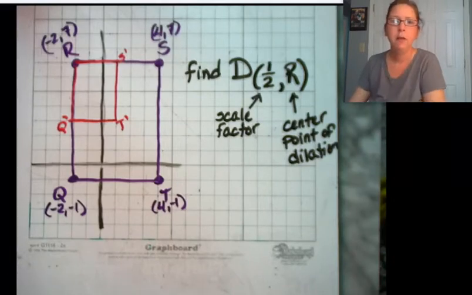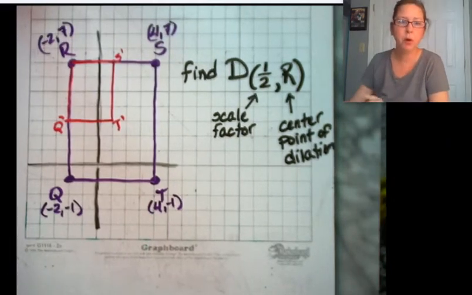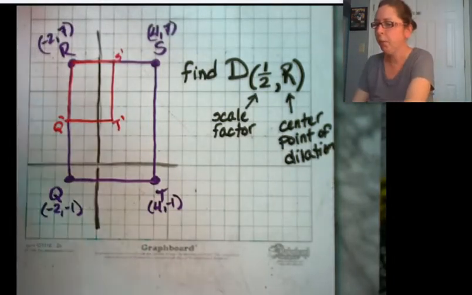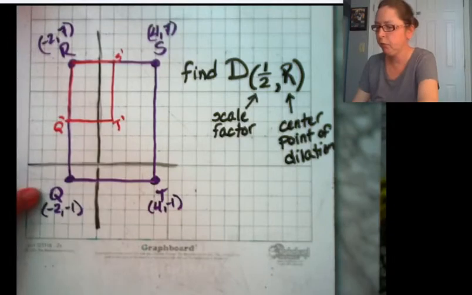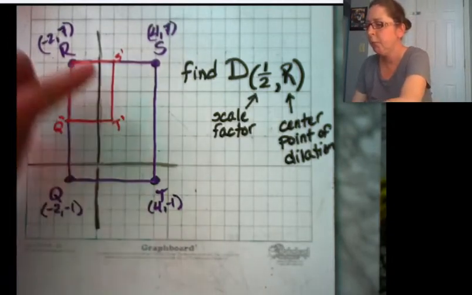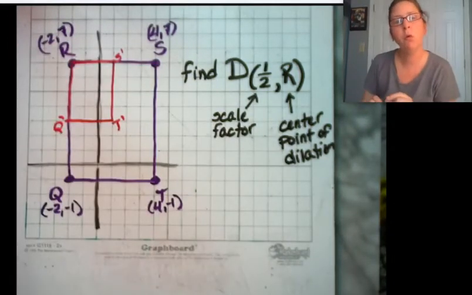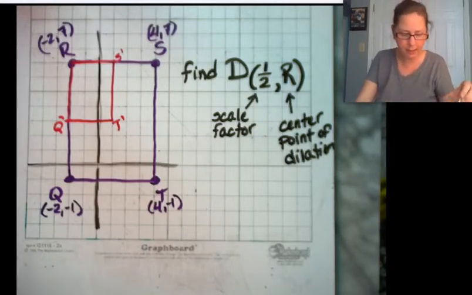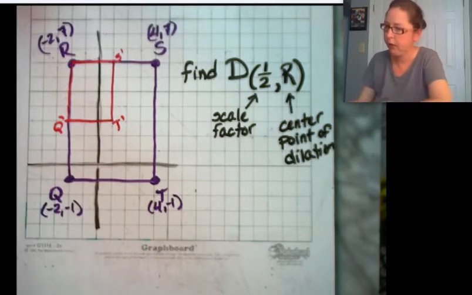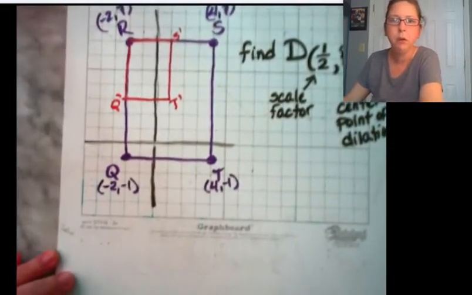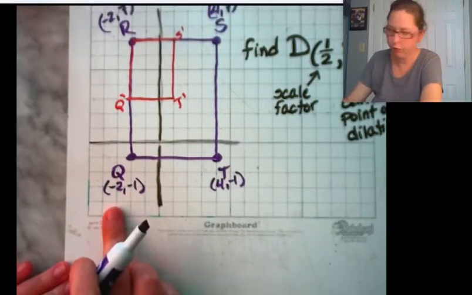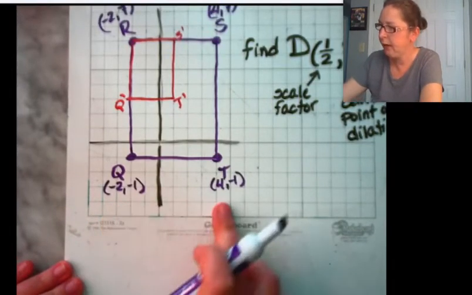The very first step is to figure out how far apart each of these 3 points is from point R. What is the horizontal change and what is the vertical change? Okay, so let's do that first. I'm going to start with Q, and then I'll do T and S.